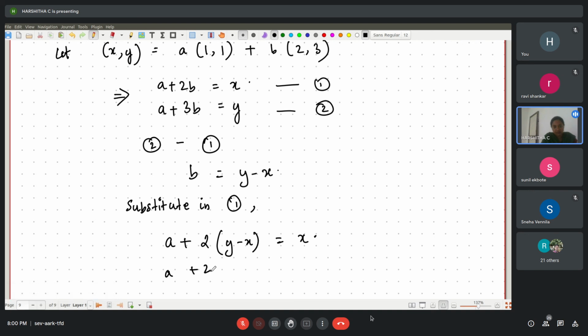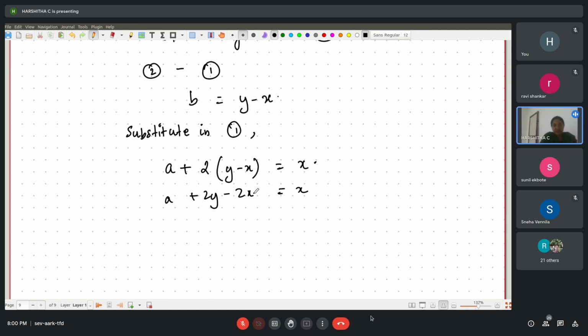That is A plus 2y minus 2x equal to x. Just don't get confused because we are using x and y here; we are trying to find A and B. So A is 3x minus 2y.